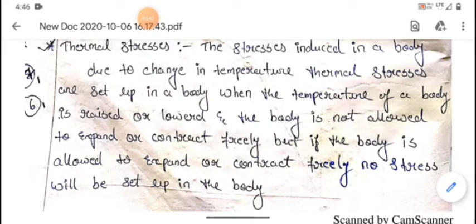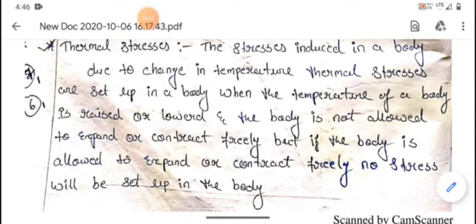The stress induced in the body due to change in temperature. Thermal stresses are set up in a body when the temperature of a body is raised or lowered and the body is not allowed to expand or contract freely. But if the body is allowed to expand or contract freely, no stress will be set up in the body. It has two cases.